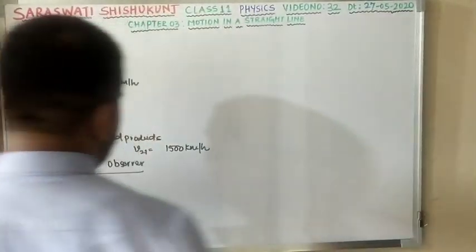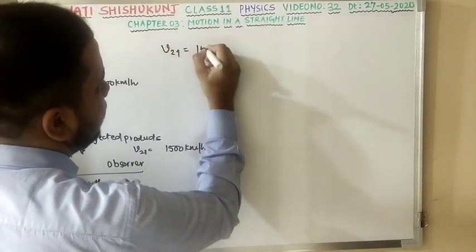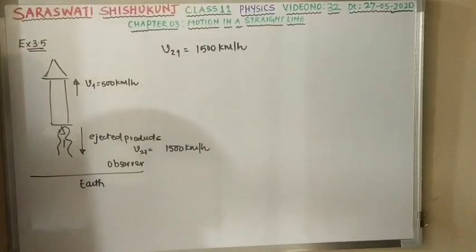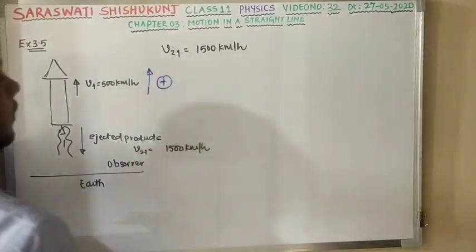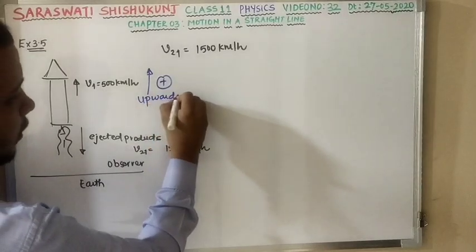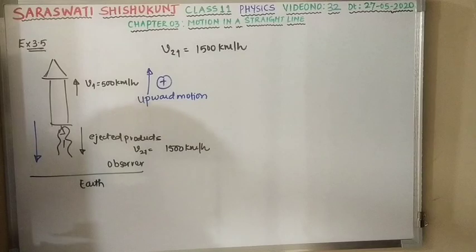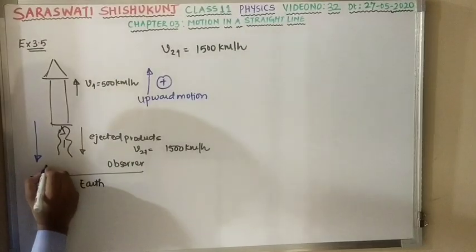Now remember one thing over here. They have given V21, that is 1500 km per hour. Now think over here, if I take the movement of the rocket to be plus, that is upward motion is considered plus, then the motion where objects are being ejected downwards is considered to be what?